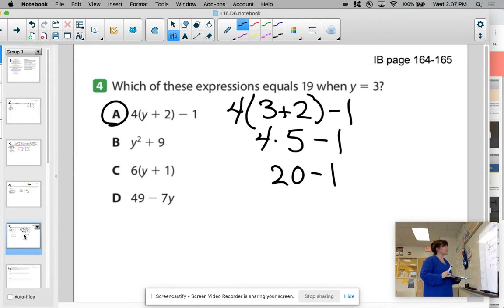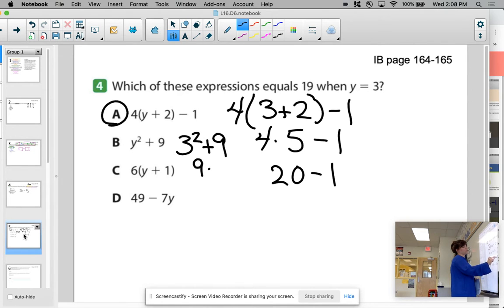Okay, so since this does say which one, we found it, and we can kind of verify that 3 squared plus 9 is 18, because 3 squared is 9, 3 times 3, which is 9, and 9 plus 9 is 18. So that one didn't work.